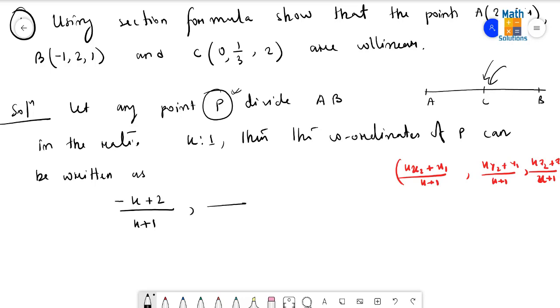Then after, (2k - 3)/(k + 1), then after (k + 4)/(k + 1).